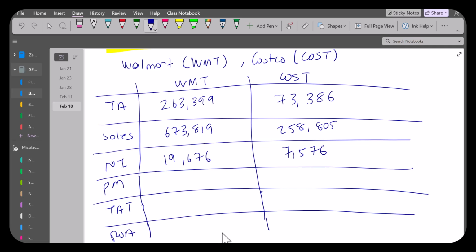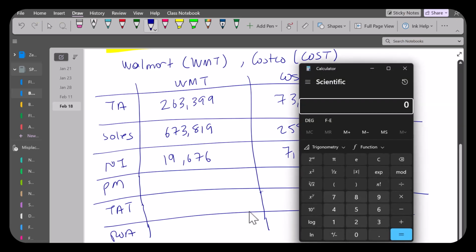I'm going to use the calculator app. My keyboard has a button that launches the calculator. PM is net income divided by sales, 19,676 divided by sales, that's 2.92%.